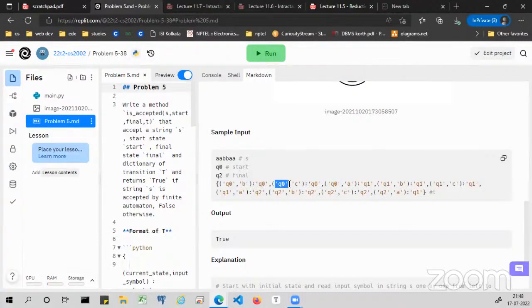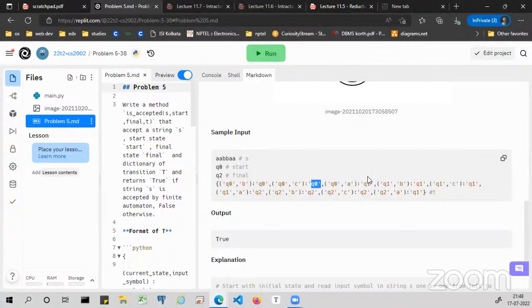If the system is on q0 currently and it receives c as the next character in the string, then it would move to q0 again. Accordingly, you have all the configuration mentioned.